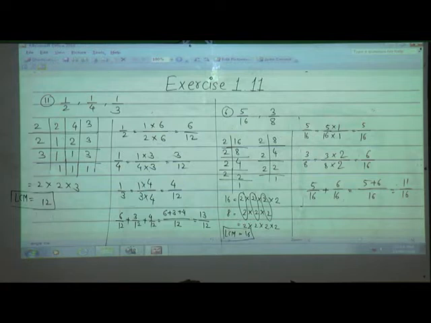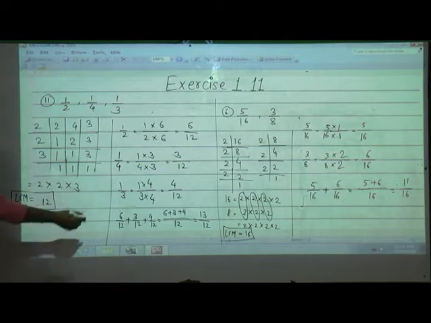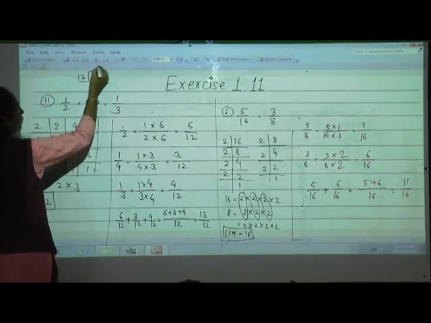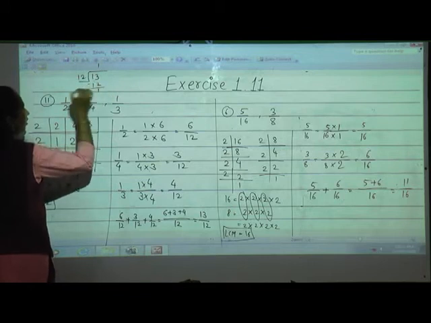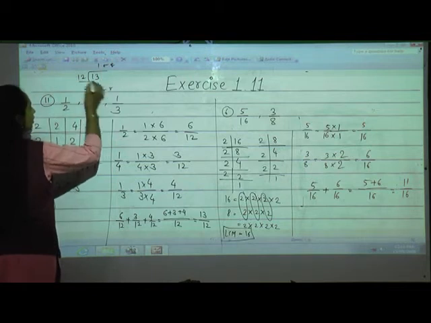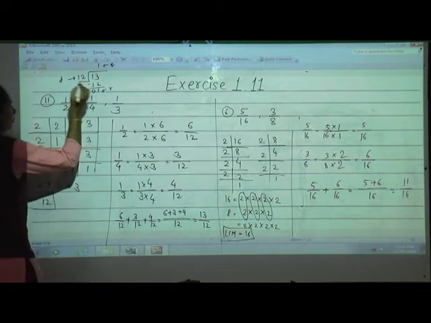These are 2-digit numbers, so we can convert also. Isn't it? So how can we convert, students? Yes, we need to convert. How can we convert? See, 13 by 12. 12 ones are 12. The remaining is 1. So this is the quotient, this is the remainder and this is the denominator.